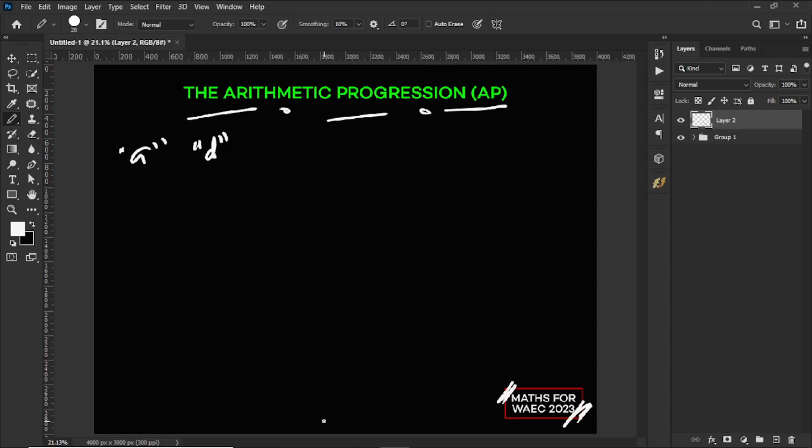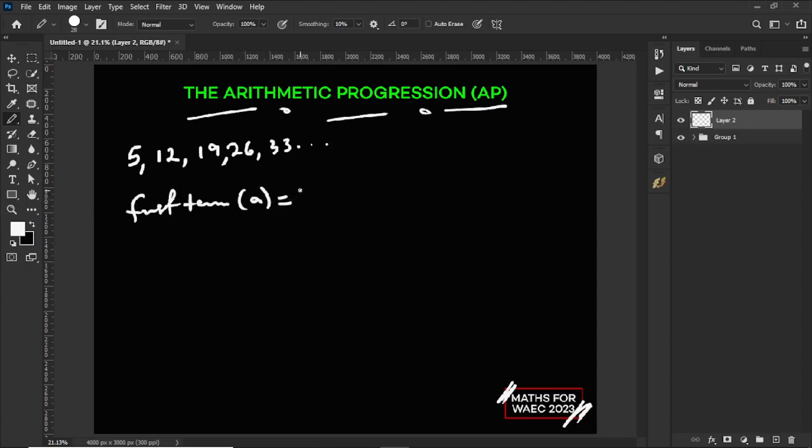Example: if I have 5, 12, 19, 26, 33, and so on like this, the first term, a, is equal to 5.